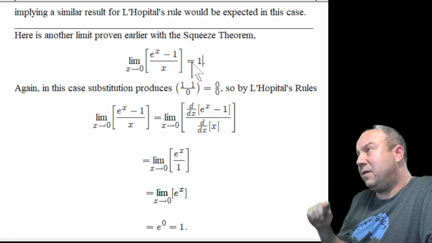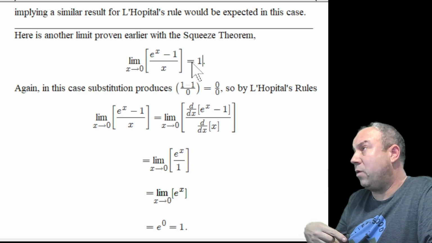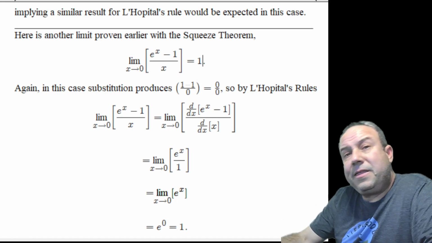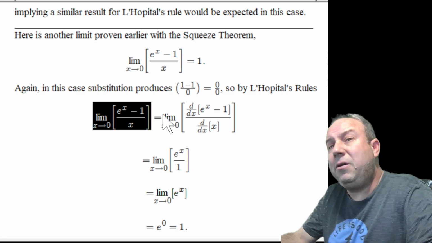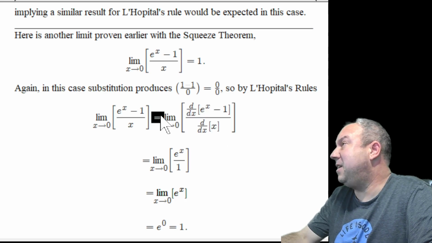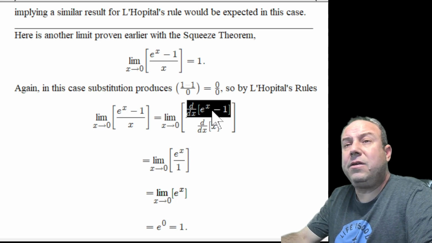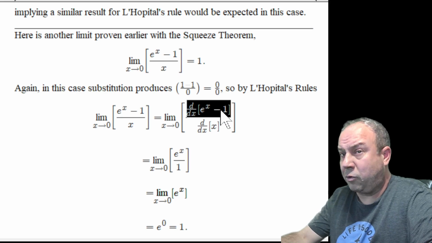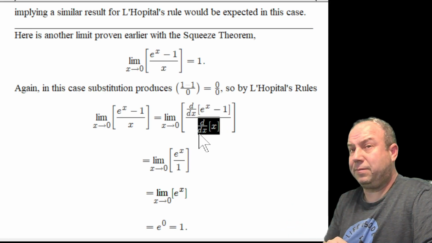That's L'Hopital's rule, folks. If substitution produces the form 0 over 0 or infinity over infinity, the limit that produces that result through substitution can be rewritten as a similar limit argument, where you want the limit as x approaches a for the derivative of the numerator divided by the derivative of the denominator.